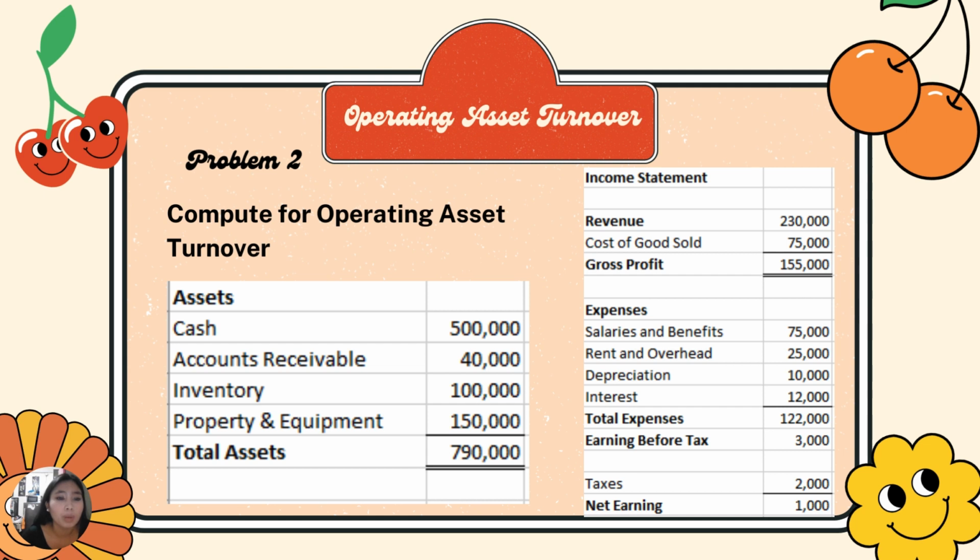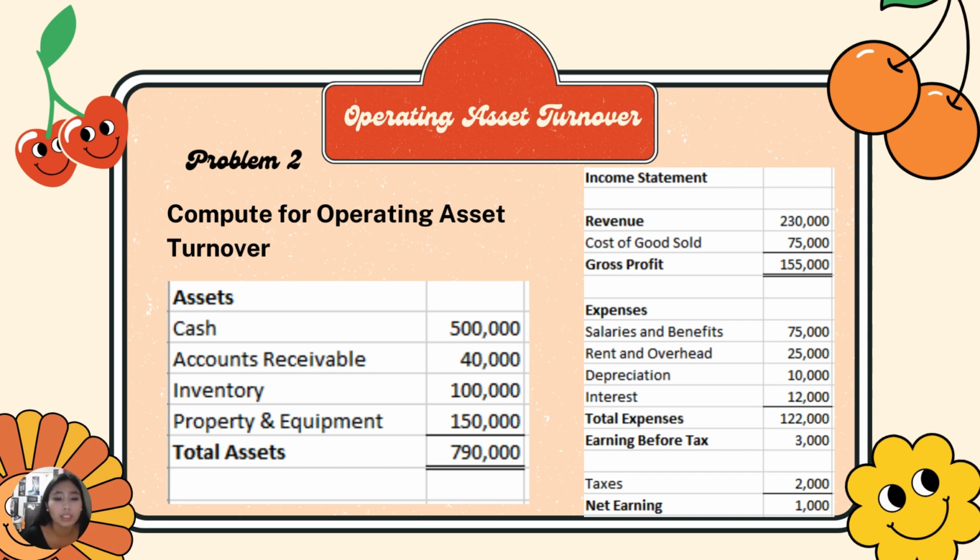So, our problem 2 naman is operating asset turnover. So, i-compute lang natin yung operating asset turnover. So, here sa asset, cash is worth 500,000, account receivable is 40,000, inventory is 100,000, property and equipment is 150,000.